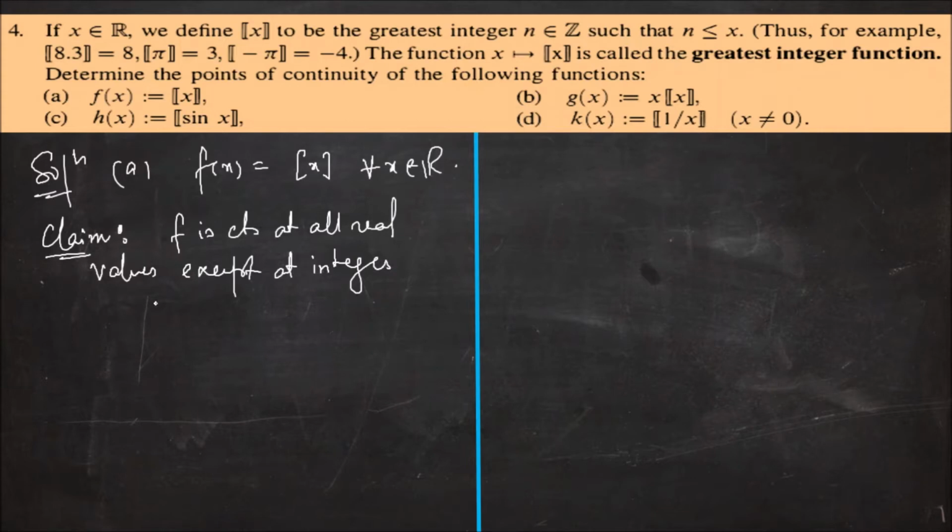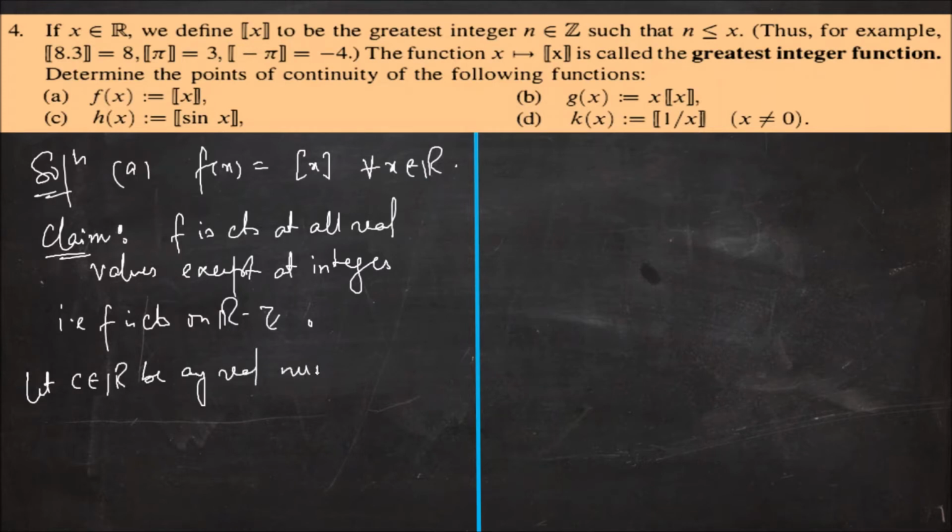So that is, f is continuous on R minus Z. So this is what we are going to prove. So let c belonging to R be any real number. So we have picked any real number. We will show that if c is an integer, then f is discontinuous at c, and if c is not an integer, then f is continuous at c. So we will do this in two cases.